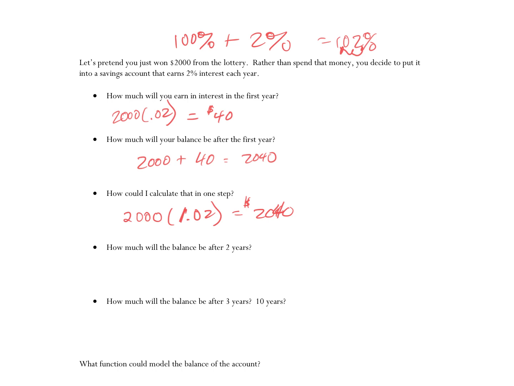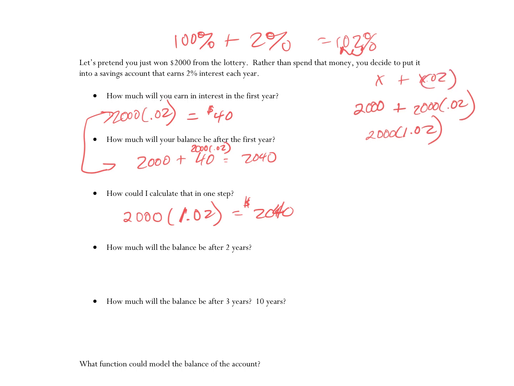So essentially, if we wanted to do one step, we would do 2,000 plus 2,000 times 0.02, yeah? If we combine these two things, because this 40 we got from doing 2,000 times 0.02, this is equivalent to saying 2,000 times 1.02. Think of it as x plus x times 0.02 would be 1.02x.